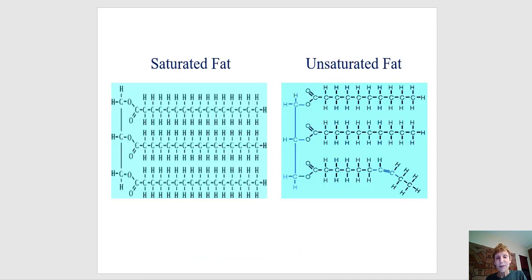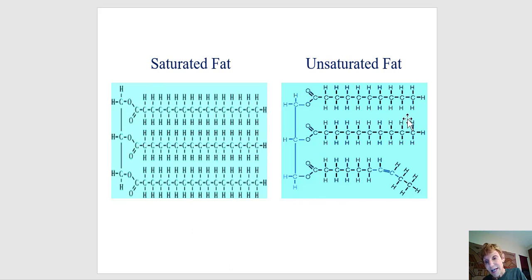This is the difference between a saturated fat and an unsaturated fat side by side. They come from different internet sources, so they don't look exactly the same. I could not find for the life of me them looking the same. But you can see that a saturated fat is linear in its fatty acids, completely linear across, and it's got all hydrogen around all of the carbons, no double bonds.